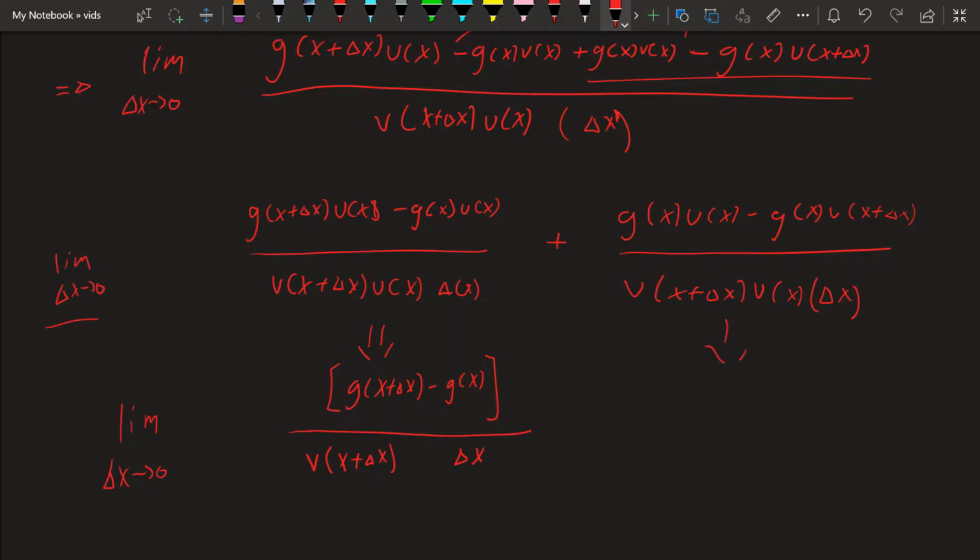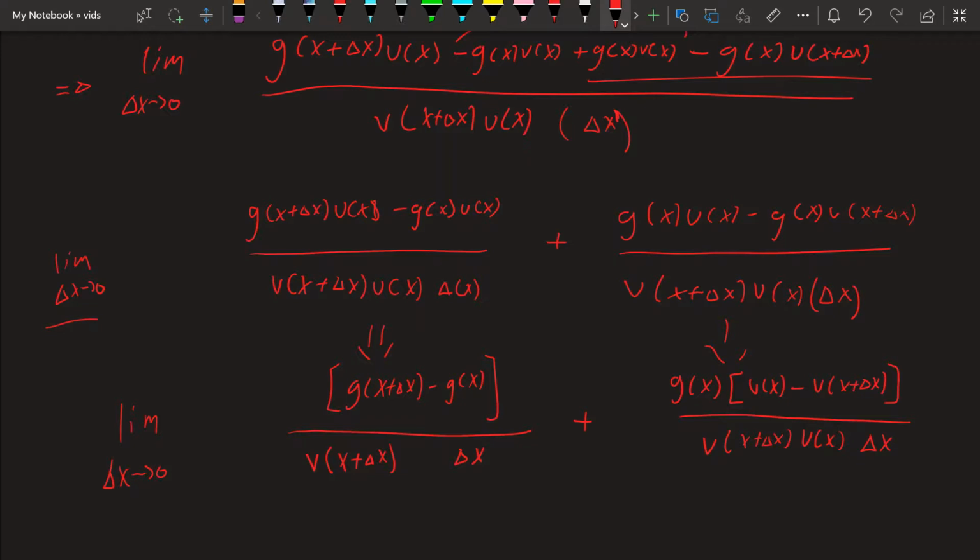And let's simplify the second equation as well. We're going to get g of x factored out into v of x minus v of x plus delta x, close brackets, over v of x plus delta x multiplied by v of x multiplied by delta x. Great.